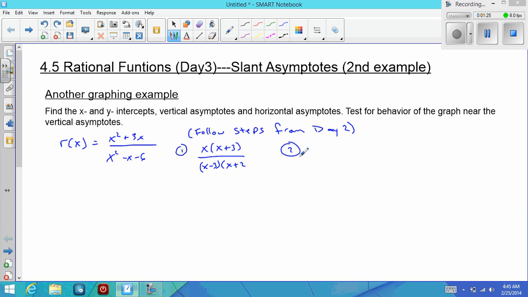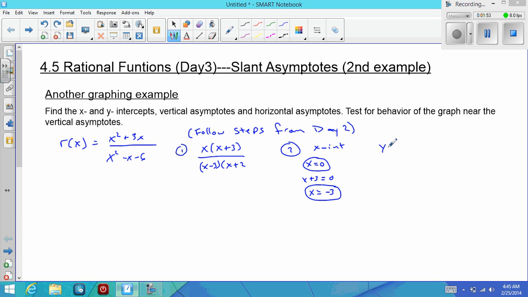The second step is to find the x and y intercepts. So for the x-intercept, we set the numerator equal to 0, and we're going to set both factors equal to 0. So we have x equals 0, and we also have x plus 3 equals 0, which gives us x equals negative 3. So those are the x-intercepts.